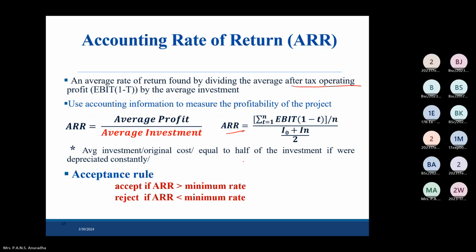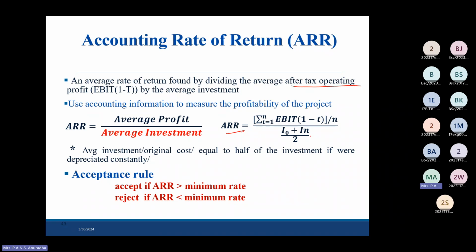Average investment is normally calculated as the initial investment plus the end-of-project investment, divided by 2. Here I_N is the end-of-period investment, I_0 is the initial investment, and dividing by 2 gives the average.